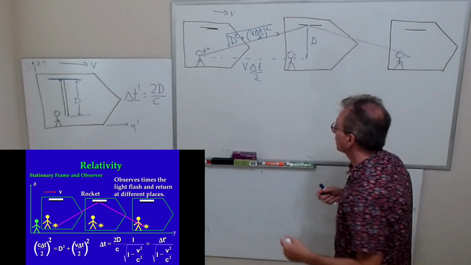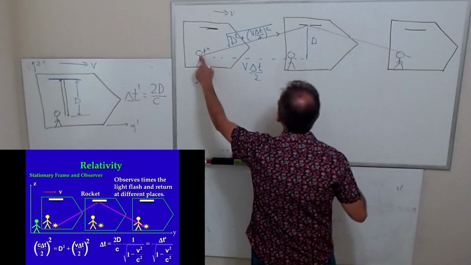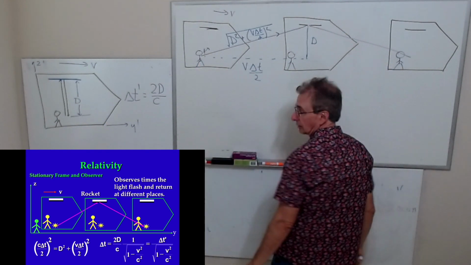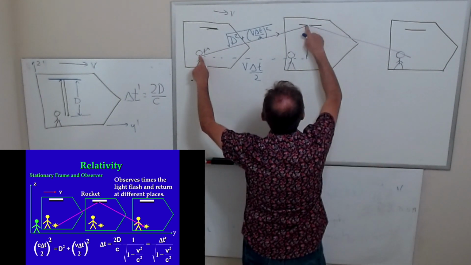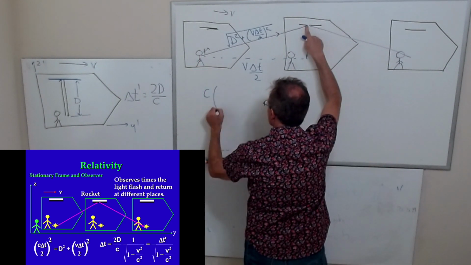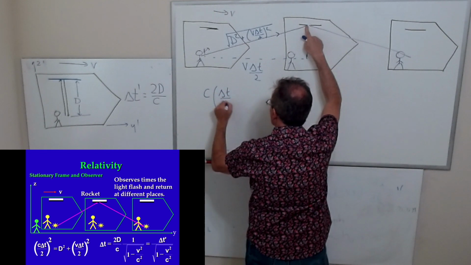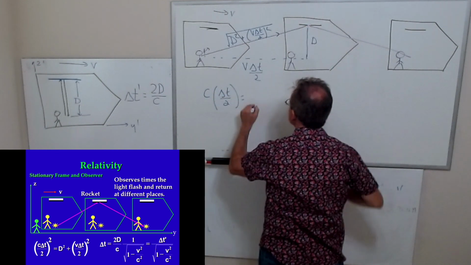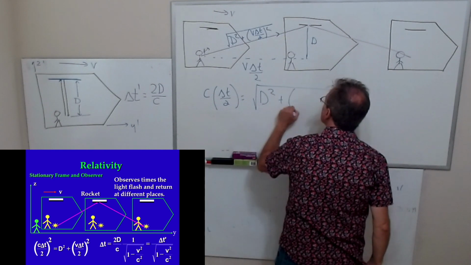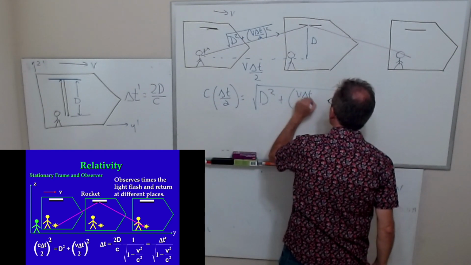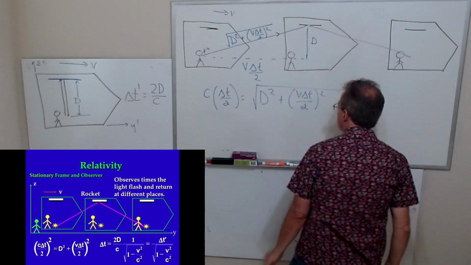So let's say the time interval that we measure for the beam to go from here to here is delta t. The distance the beam travels from here to the mirror is c delta t over 2. And that distance is the square root of d squared plus v delta t over 2 squared.